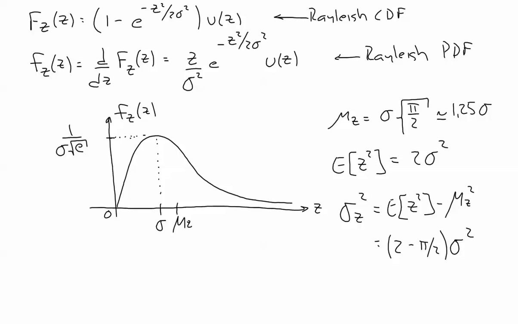That's just sort of as a reminder. Okay? So that's how the Gaussian and the Rayleigh random variables are related to one another. All right. First example done.